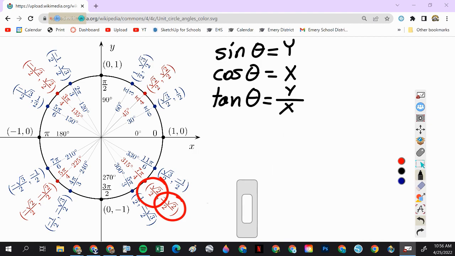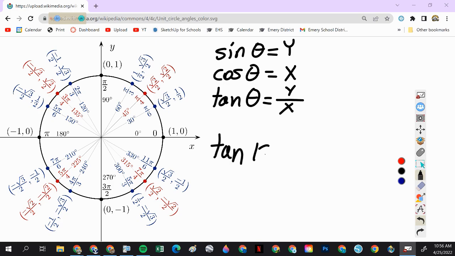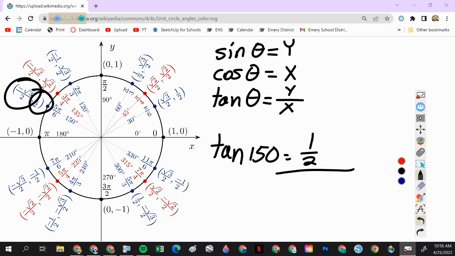Okay, now the hardest tangent, and it's really not that hard, is, we'll say, the tangent of 120. Nope, 150, sorry. The tangent of 150. That would be 1/2 divided by negative root 3 over 2. So 1/2 over negative root 3 over 2.